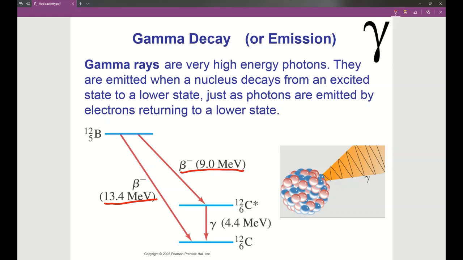And when in this excited energy state, the excited carbon-12 will emit a 4.4 mega electron volt gamma ray that comes directly from the nucleus that will then result in the unexcited ground state carbon-12. And this little asterisk here just represents that the nucleus is in an excited state.